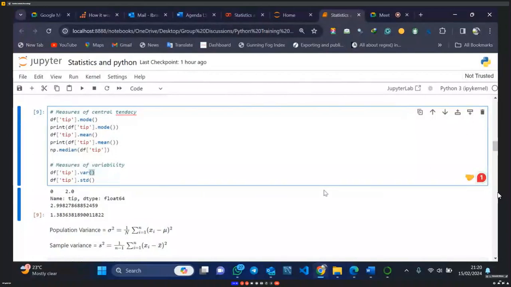Because it tells us how much different data points are varying from our mean. Remember that we say standard deviation is the square root of variance.